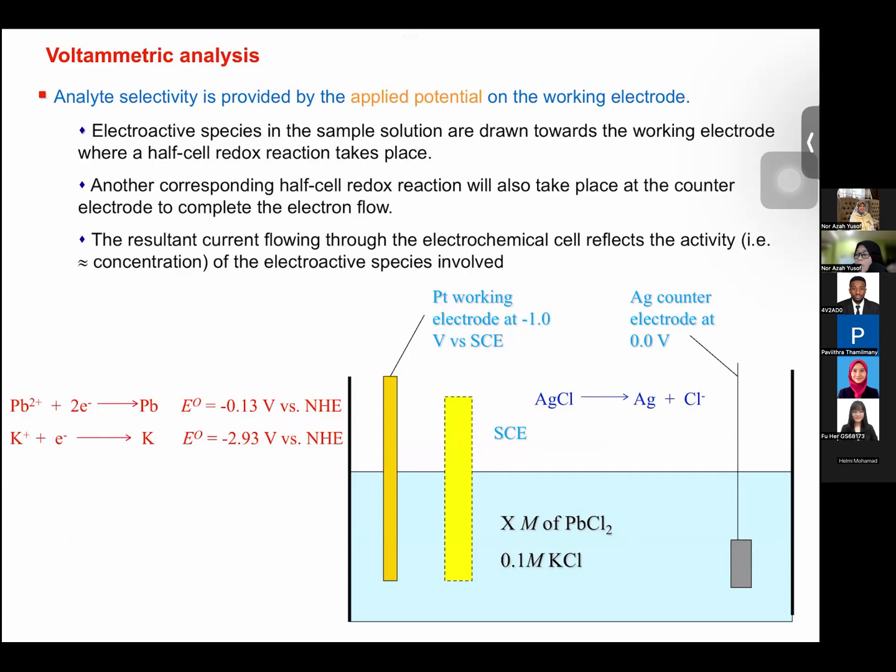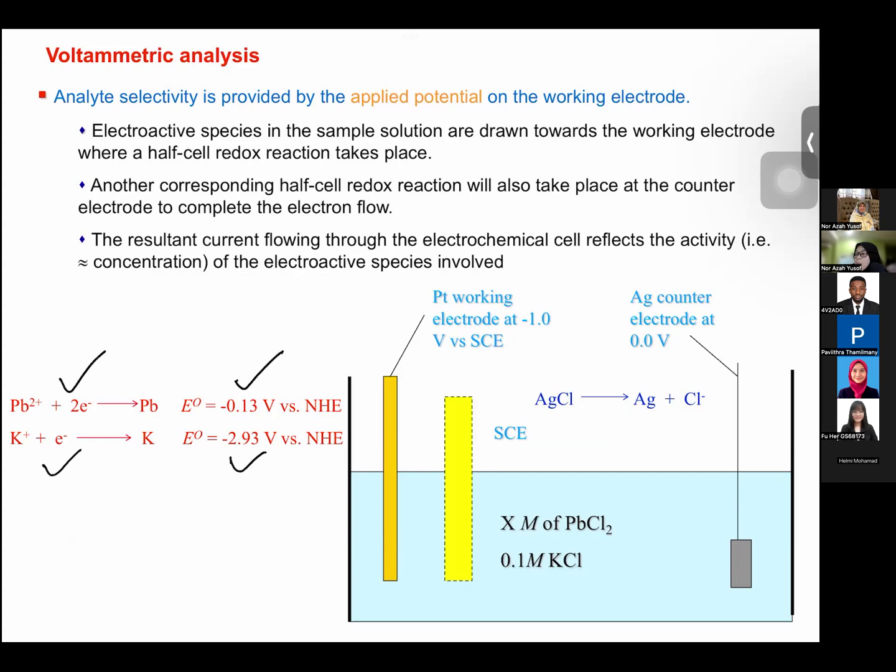This is the electrode potential for reduction of plumbum ions to plumbum, and this is the reduction potential for potassium, reduction of potassium ion to potassium in elemental form.